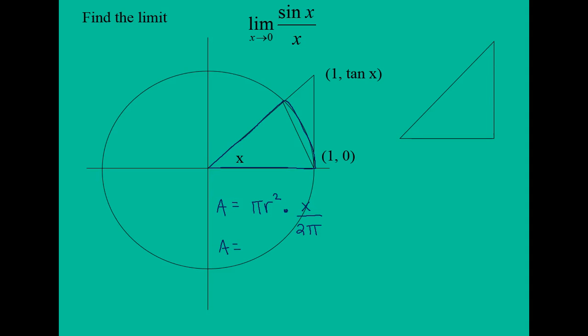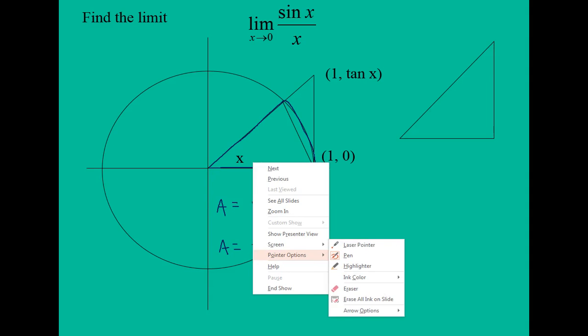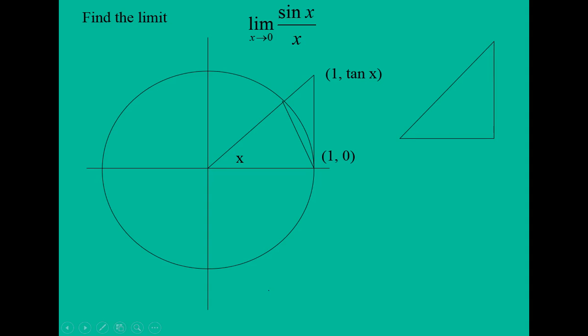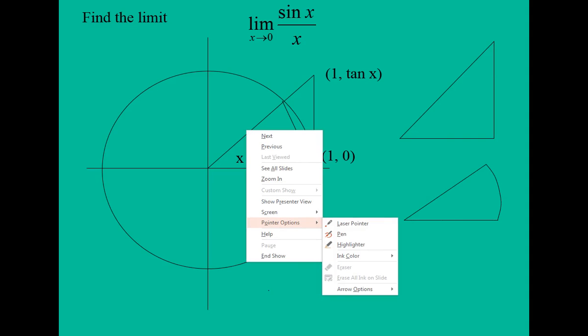The radius of our circle is 1, so we'd have pi times x over 2 pi. The pi's reduce, and we are simply left with x divided by 2 for the area of that sector. So that would give us the area of that sector, and we'll write those formulas in a moment.